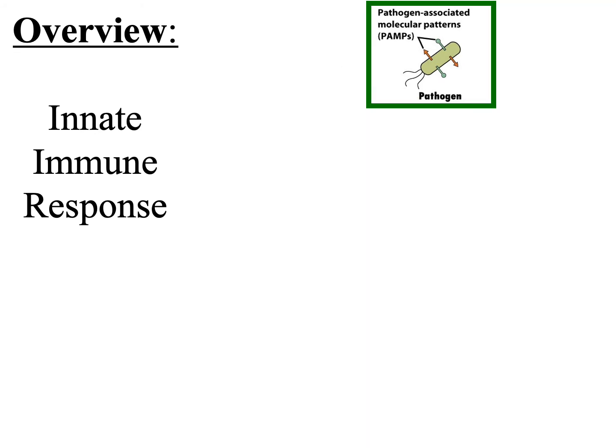So let's go ahead and focus on the initial aspect of the innate immune response. One thing that must occur is that there has to be a distinction between self components and non-self components, something like a potential pathogen. How exactly does that happen? Well, there are receptors, molecular structures that are associated with many cell types, including leukocytes, that have what are known as pattern recognition receptors, or PRRs.